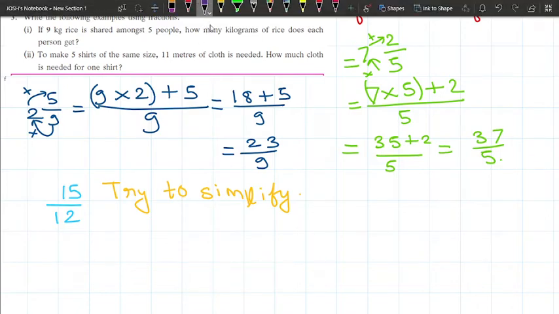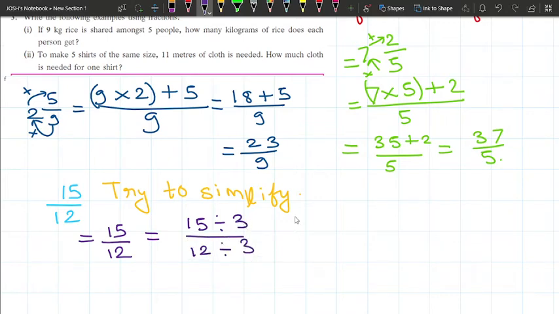So you see it is 15 by 12. While simplifying, you divide both by 3. You pick a number to simplify which is divisible by both the numbers, like 15 and 12 both are divisible by 3.